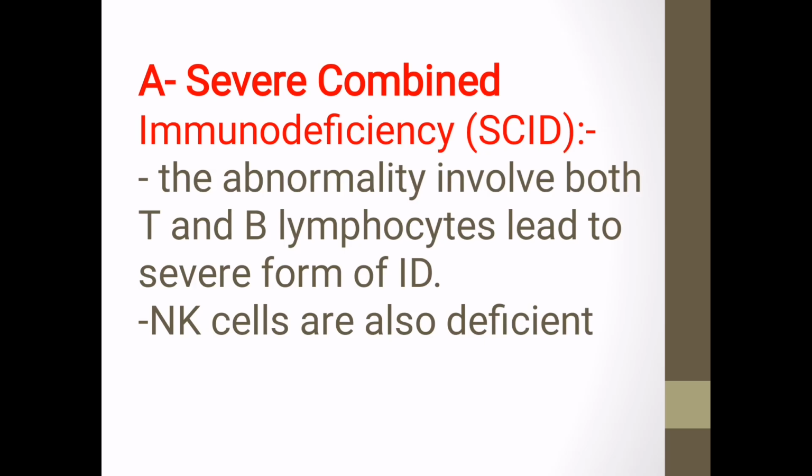So from this name, it is severe combined, severe presentation, can lead to death. And combined, both cell types or lymphocytes, T and B lymphocytes are deficient, and sometimes NK cell also deficient. Okay, immune deficiency.